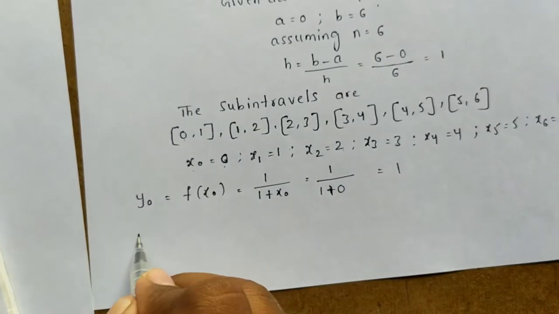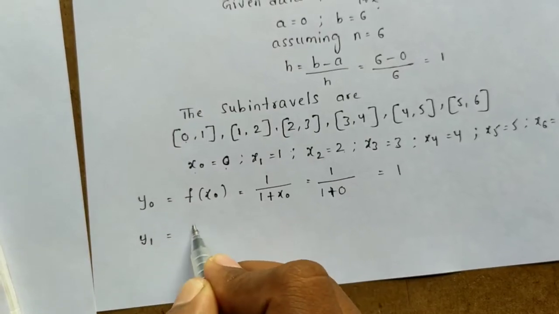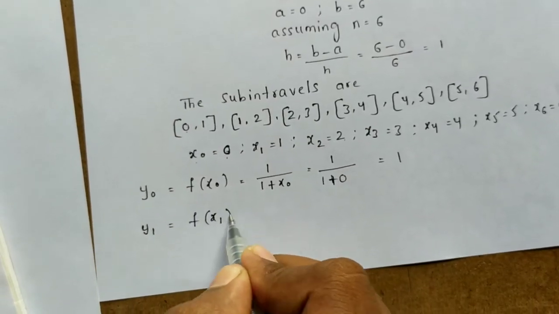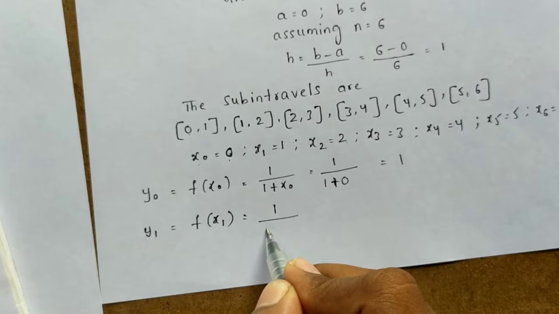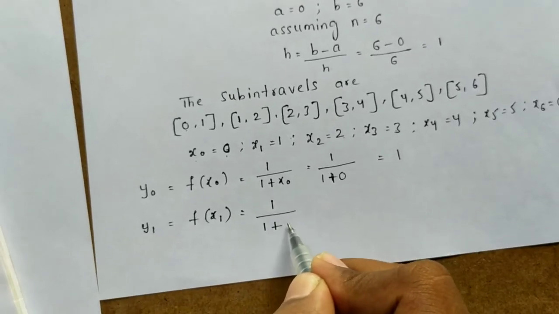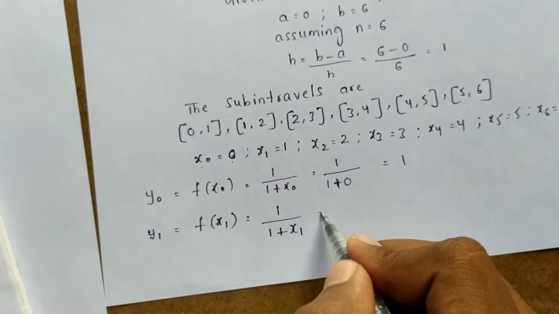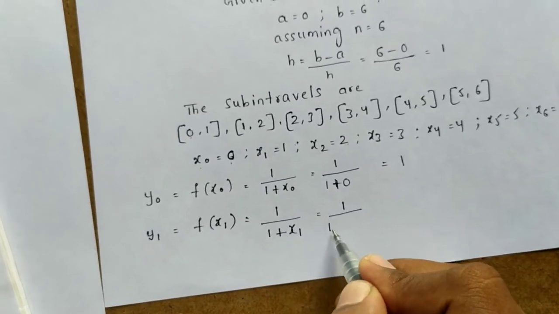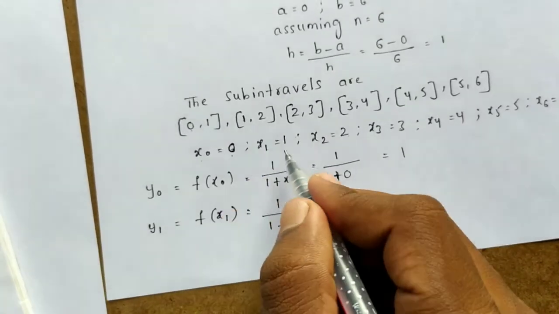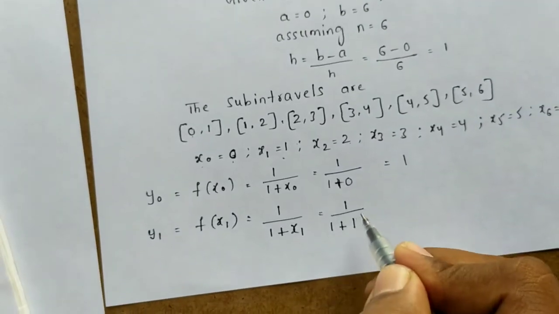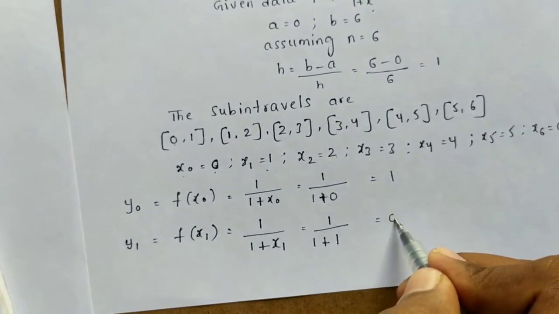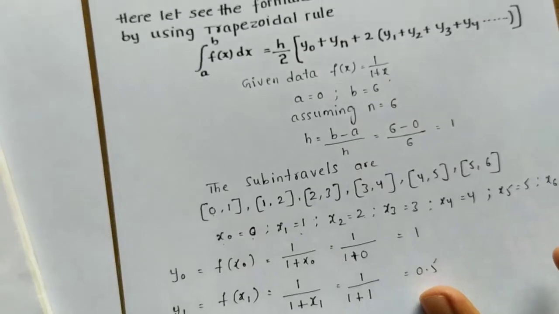Similarly y1 means f of x1, which is 1 by 1 plus x1, so 1 by 1 plus 1. Here the value is 0.5.